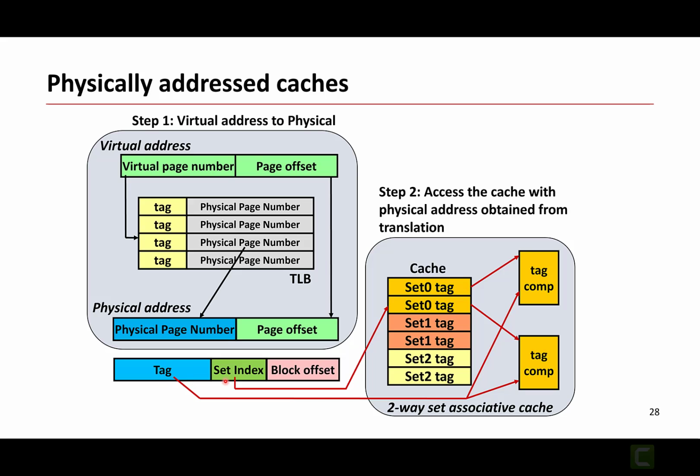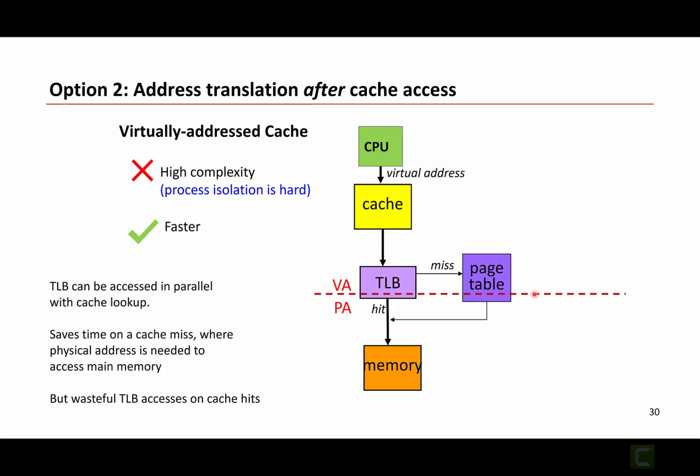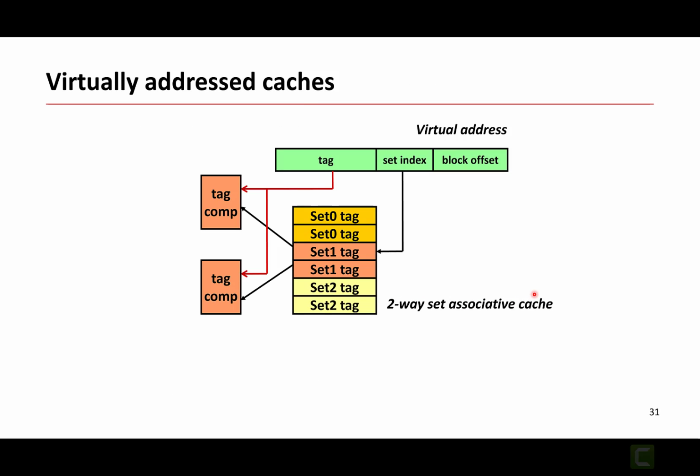Then I take these two values, go into the cache, look up the right set, and do the tag comparison. In the case of virtually addressed cache, I don't need to do the address translation because I'm keeping track of everything in terms of the virtual address. So I take the set index and tag from the virtual address, and then I go and access the right set, get the tags, and do the comparison.